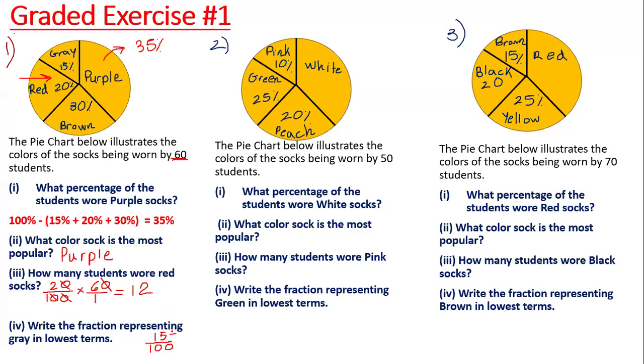Divide top and bottom by 5. 15 divided by 5 is 3. 100 divided by 5 is 20. Very good. I got 3 over 20. What did y'all get? 3 over 20.